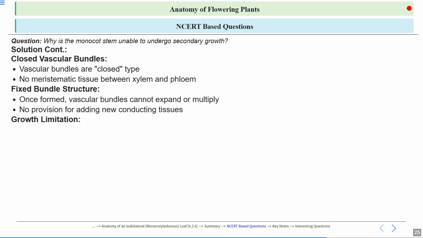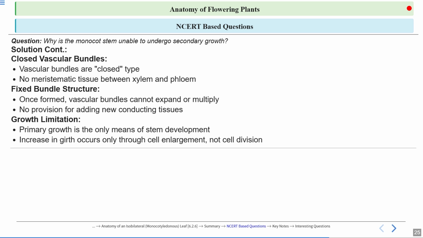Growth limitation is there. In the case of monocot, primary growth is the only development of the stem. Increase in girth occurs only by cell enlargement, not cell division. The cell can enlarge. The cell can expand. And that can bring about a little growth in the width or girth of the plant or the stem.